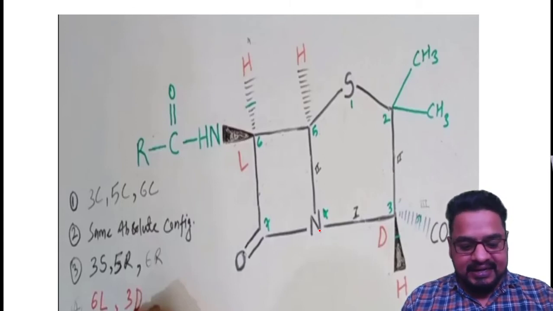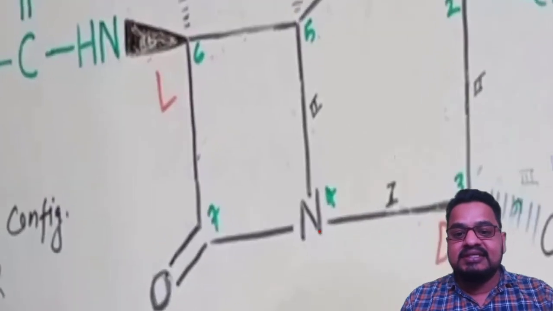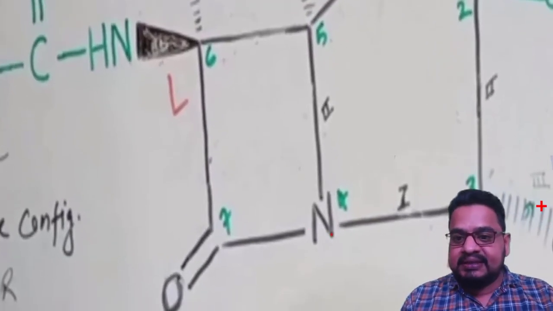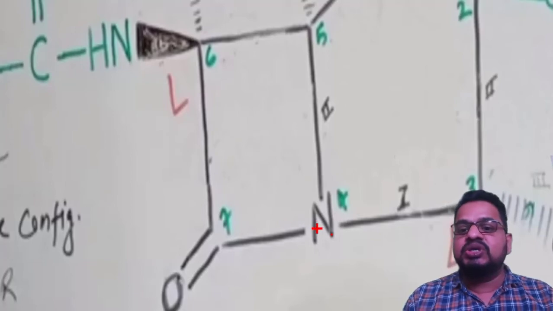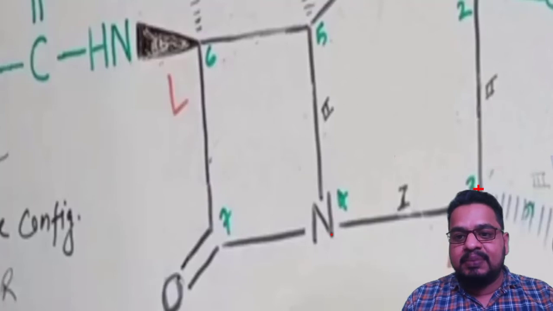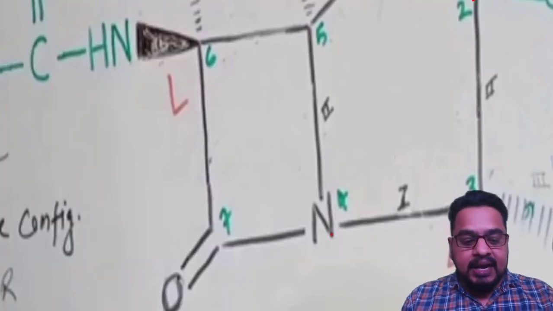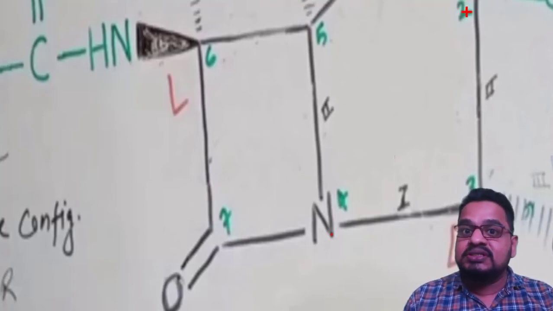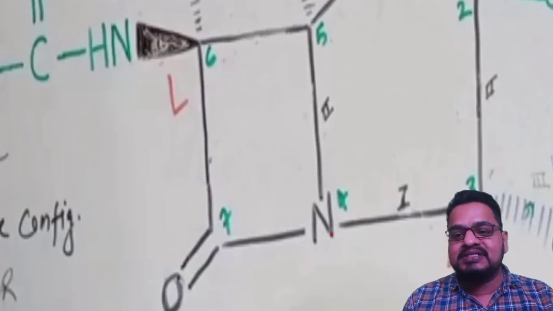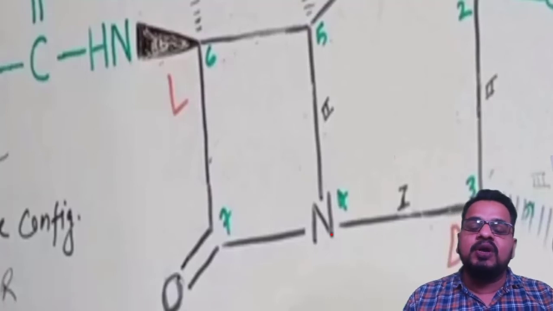As this is attached to nitrogen, this is priority 1. Got it? Now this carbon is attached to sulfur, so this is priority 2, and this COOH is priority 3, and the fourth priority will be the proton.